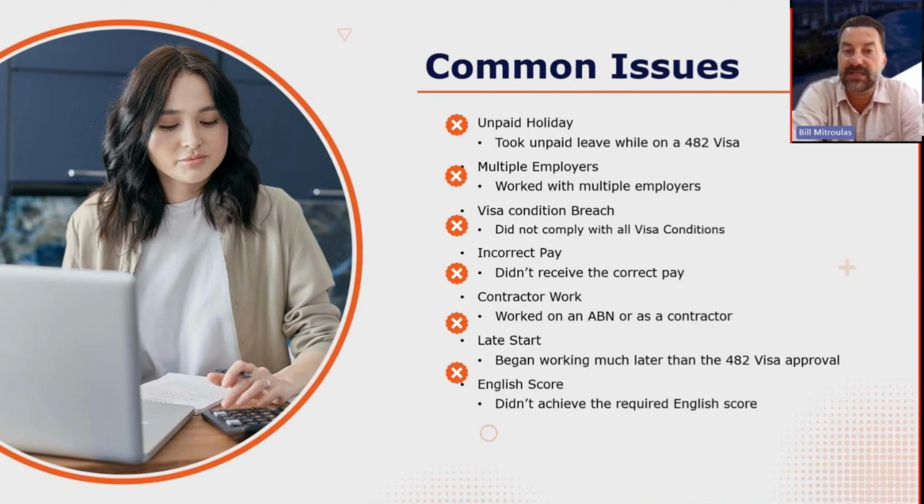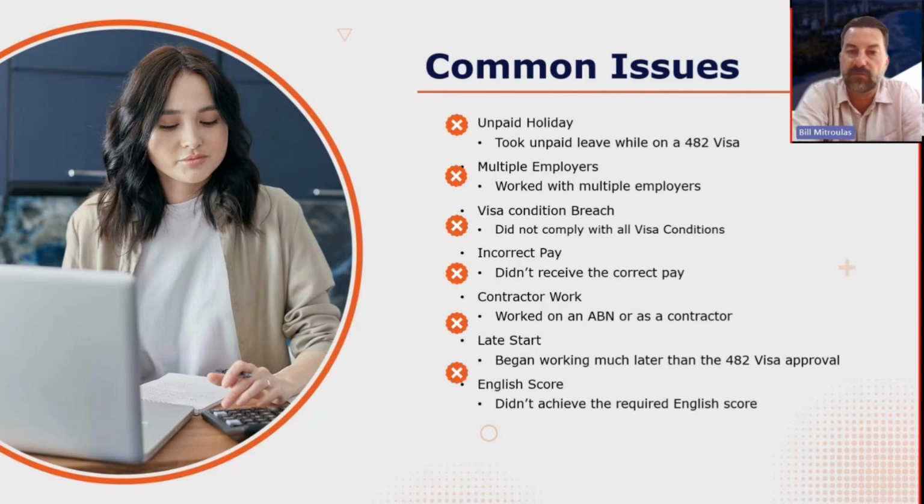Another issue could be visa condition breach. If you haven't complied with all your visa conditions, and there are some pretty stringent conditions to a temporary skilled shortage visa and skill in demand visa: you've got to maintain health insurance, and you can only work for your sponsor. Potentially, you might have been working on an ABN as opposed to being a full-time employee with a tax file number.